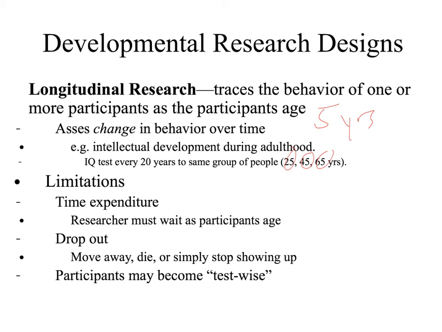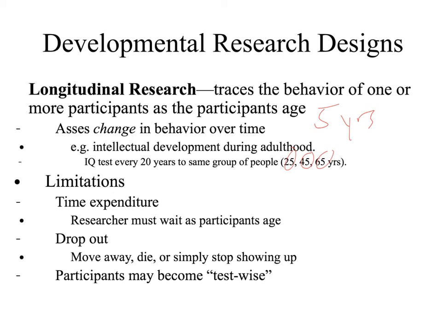And it is very expensive when it comes down to time, because we have to wait for participants to age, and in that waiting period, individuals may drop out, meaning they often move away, they sometimes die, sometimes they get married and change their names, and we have no way of tracking them down. And this really makes it difficult for us to get the answers that we need.